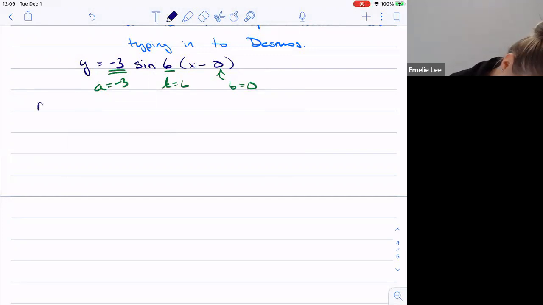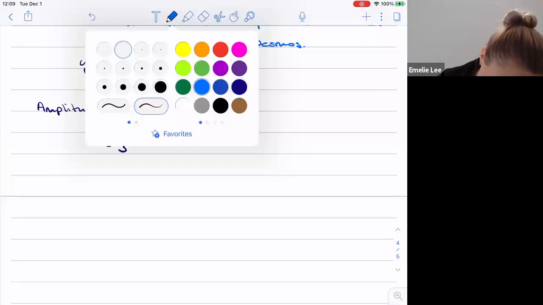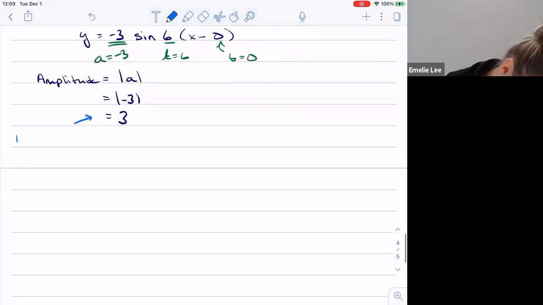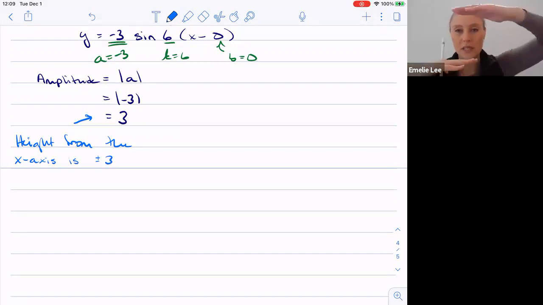So the amplitude is the absolute value of a, which is the absolute value of -3, which is just 3. What does that tell me? It tells me that the height of this thing from the x-axis is plus or minus 3. Up 3 or down 3, a total distance of 6 in these loops.